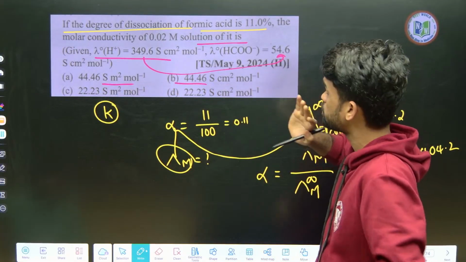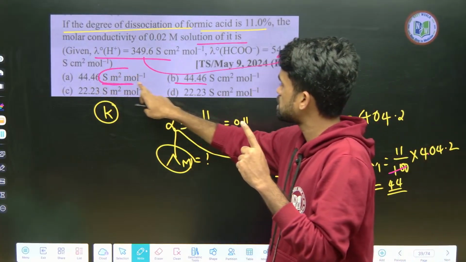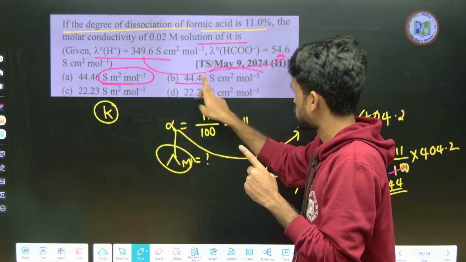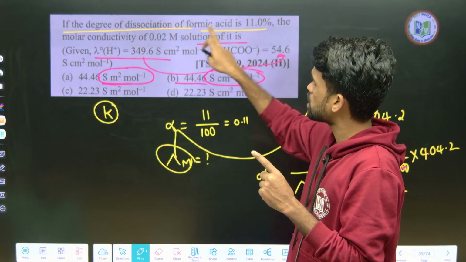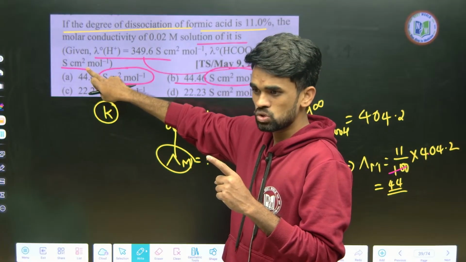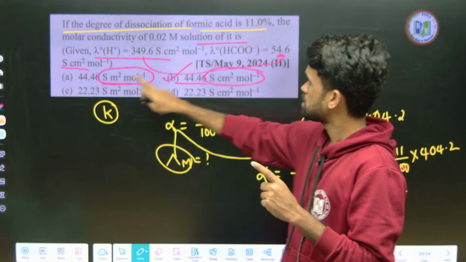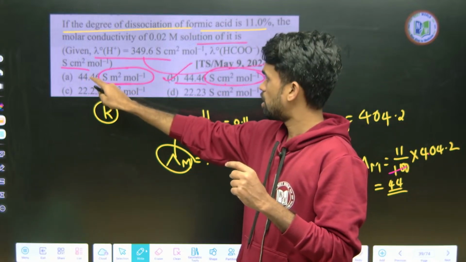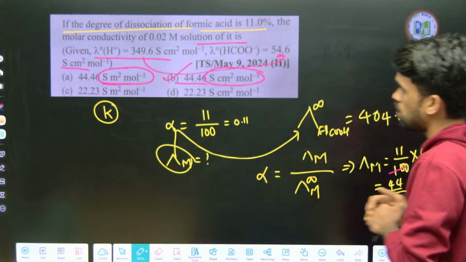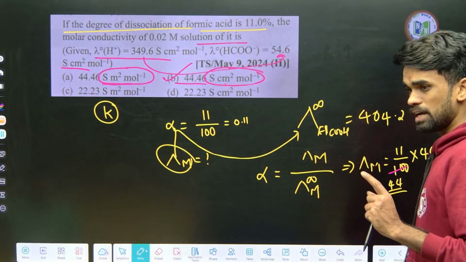But particularly one answer only. Look at the difference. Here the units are meter square, SI units, and CGS units. You just look at our data provided, it is centimeter. So this is CGS, so the answer should also be in the same one. So B. Okay. See, there is a trap here in the first option itself. So option B will be your answer. Be careful while answering. Right? Clear now?